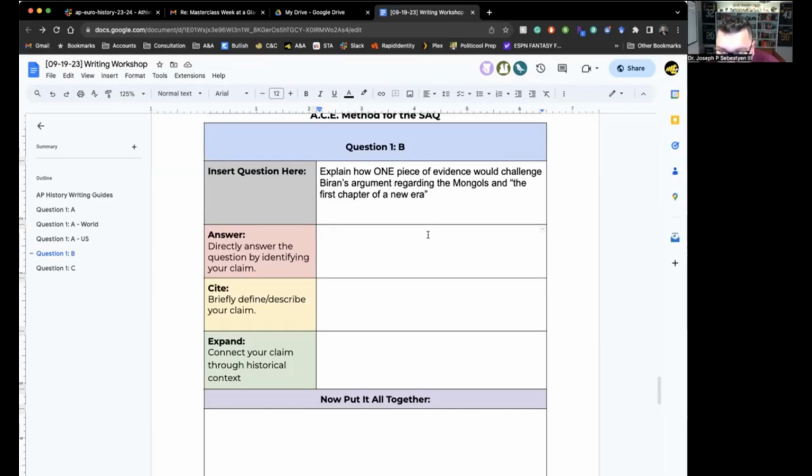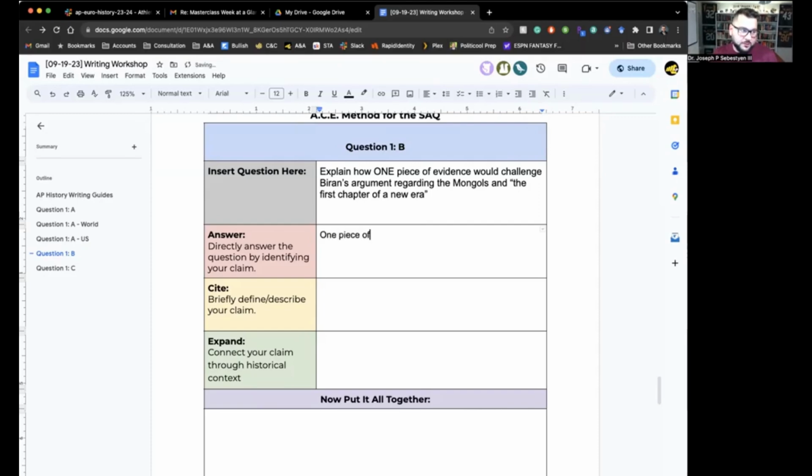Was that a new era in history? Yeah. There he goes. That's an example. You see how we got there? So the Mongols might be the bridge, or European exploration of the New World.